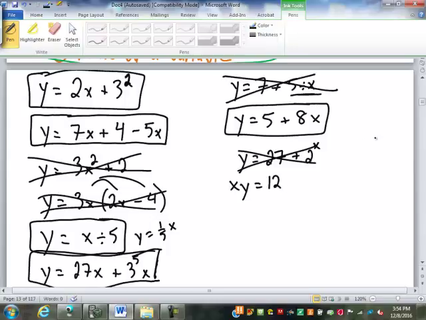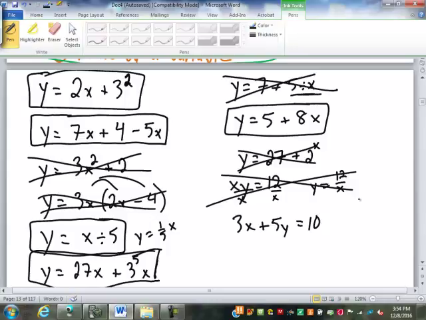How about this one? If I try to isolate the y, here notice all these other ones are y equals. If I isolate the y by dividing by x, this is going to become y equals 12 over x. I'm dividing by x, so no. How about this one? Any powers? Nope. Are we dividing by any variables?